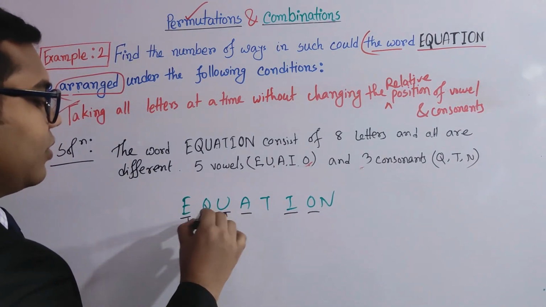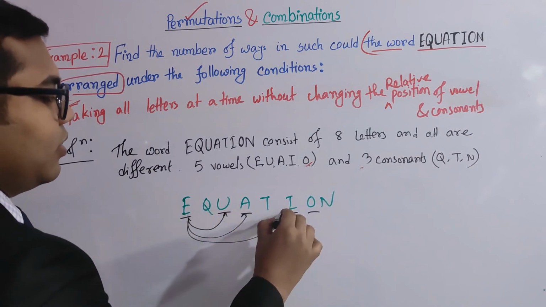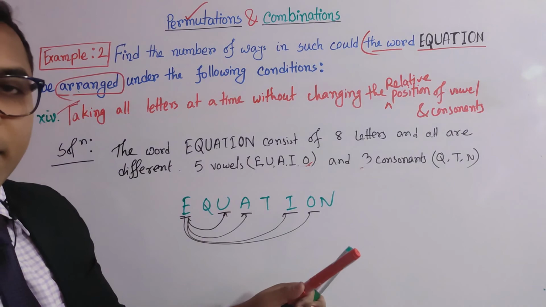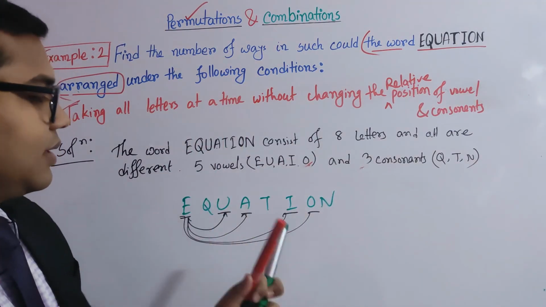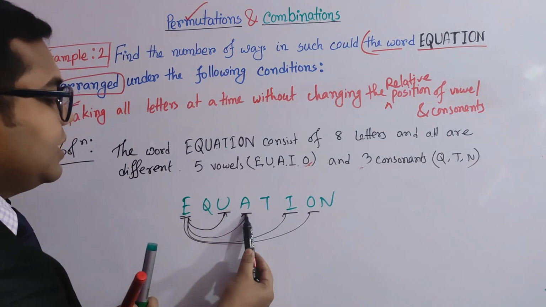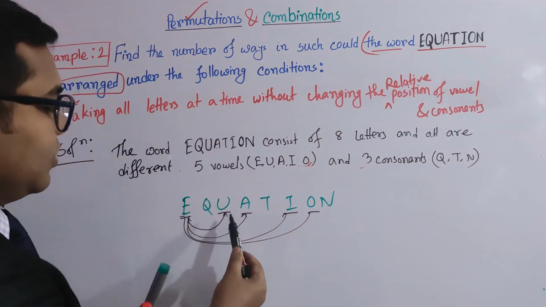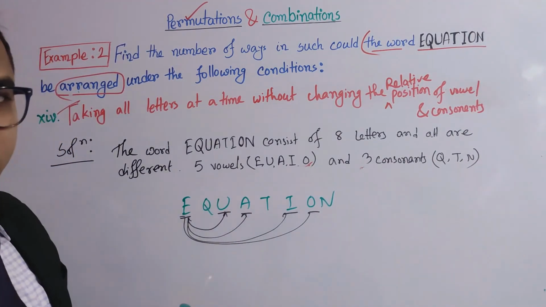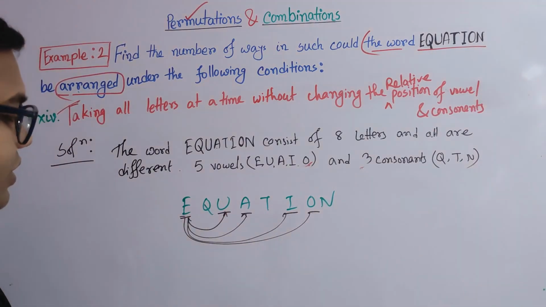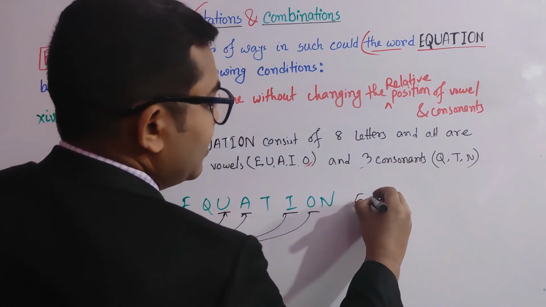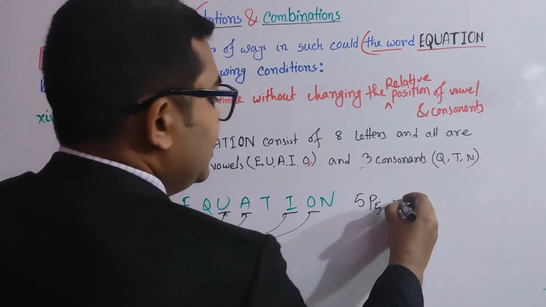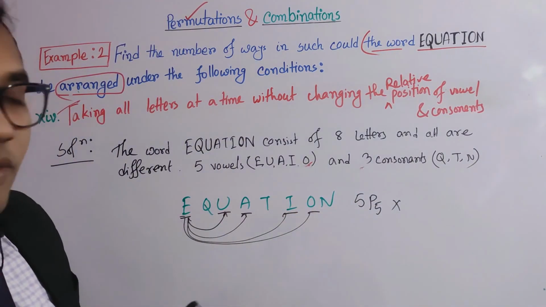E can go there or there or there. Similarly, all of them can come into these positions. So this has 5 options, meaning these 5 positions can be changed in 5 ways. This is for the vowels.